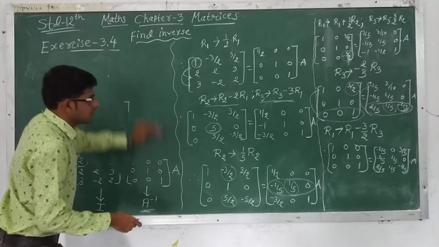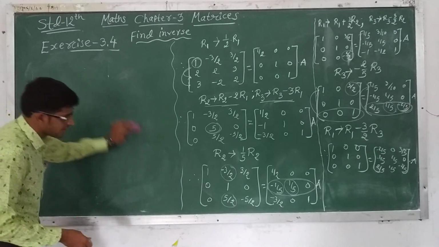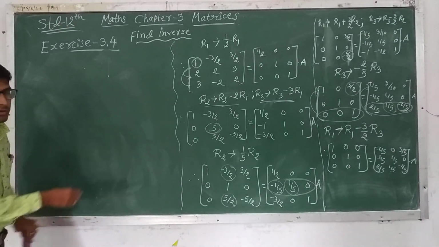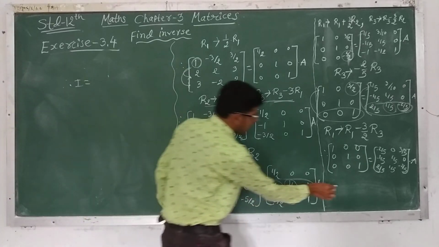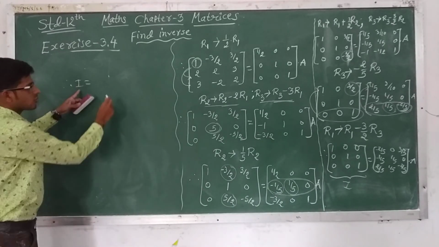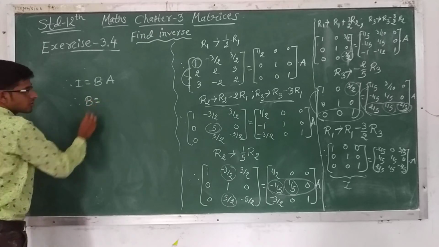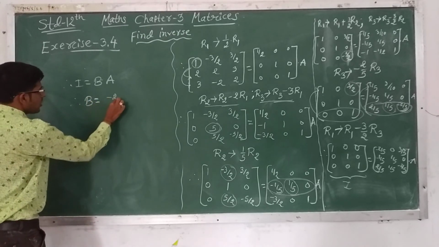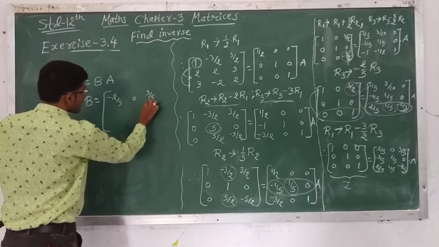Okay, so the left hand side will be the identity matrix. So here we write down: therefore, I is equal to, because it gives the identity matrix I, 3 by 3. So I is equal to B into A. Therefore, B is equal to minus 2 by 5, 0, 3 by 5.